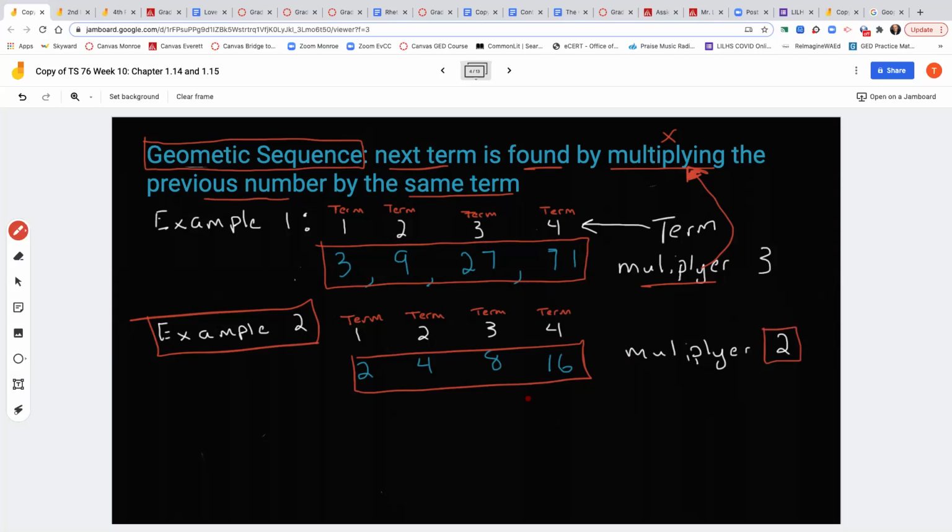Now, for your homework's sake, once in a while, they'll throw in a sequence of numbers and they'll say: is this an arithmetic sequence, geometric sequence, or none of the above?